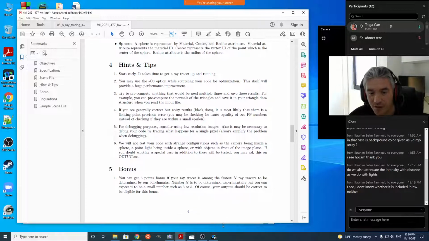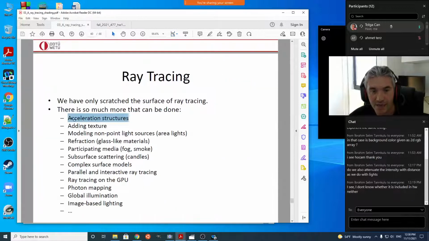time and you want to work on it, the most important thing that will speed up your ray tracer will be an acceleration structure, which is like indexing your triangles and objects in the scene in a hierarchical tree by subdividing your space into regions hierarchically, and then you do the intersection test first only with the large parts.